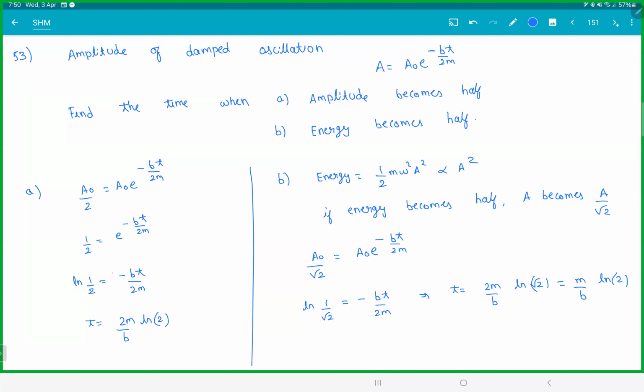Clear? ln root 2, 2 power half comes out. They can play like this.